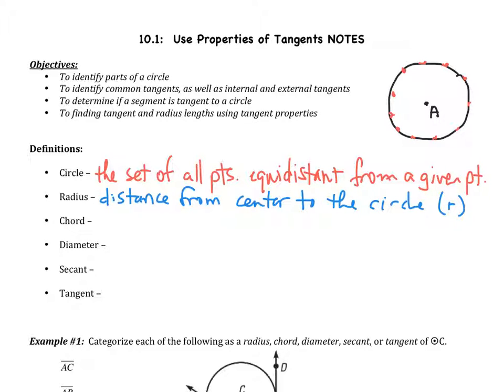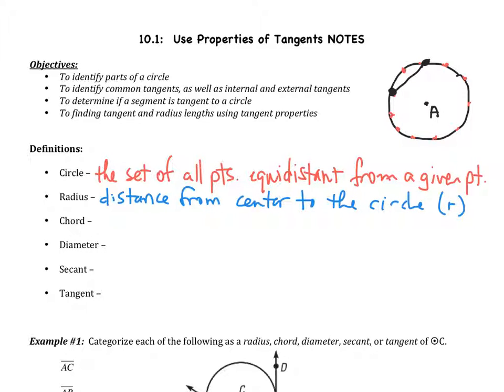All right, what about a chord? Have you heard that word before? Yes. What's a chord? Distance between 2 points in the circle. Very good. So if you take any 2 points on the circle and draw a line, that's a chord.